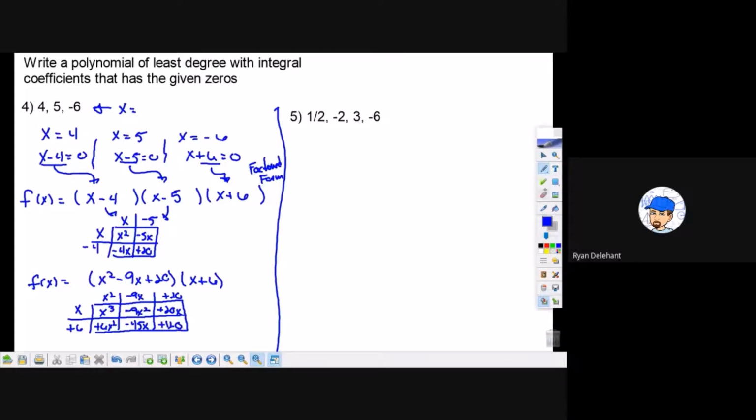And then remember, with this it's set up, because we had all the powers in here, the diagonals are going to add up. So we can write our answer out. So we get x to the third, negative 9 and positive 6 is negative 3x squared. 20 minus 45 is negative 25x. And then we just have the 120.